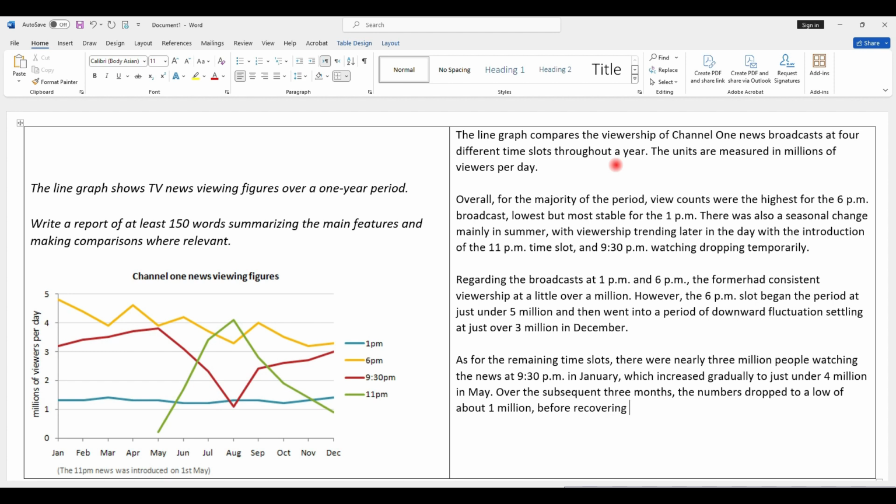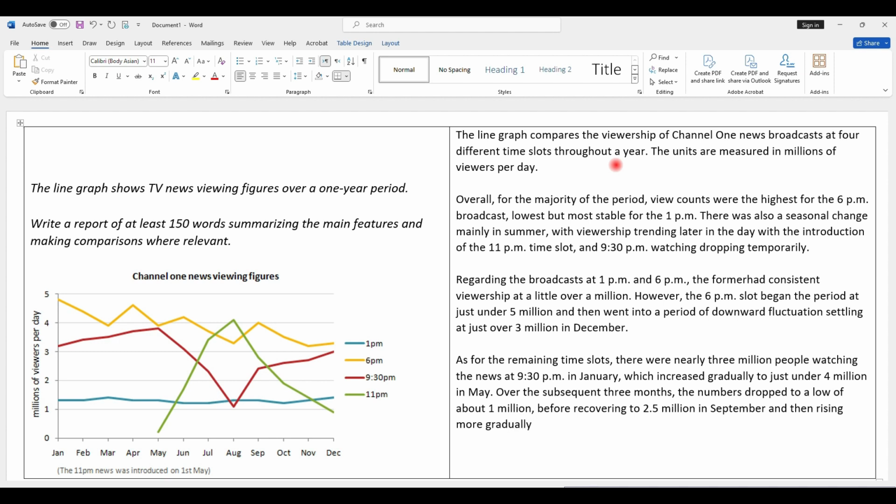Okay, as you can see, until September it recovers fast. After that it becomes more gradual. So recovering to 2.5 million in September. And then, okay, rising more gradually, more steadily, more gradually, okay.